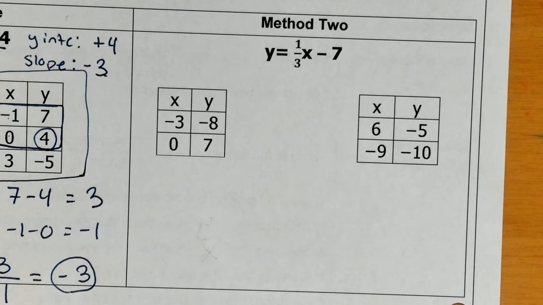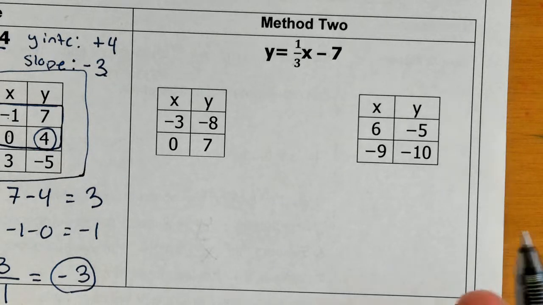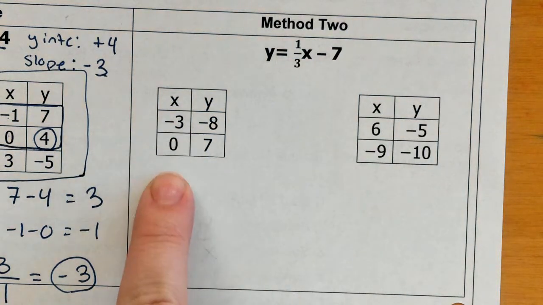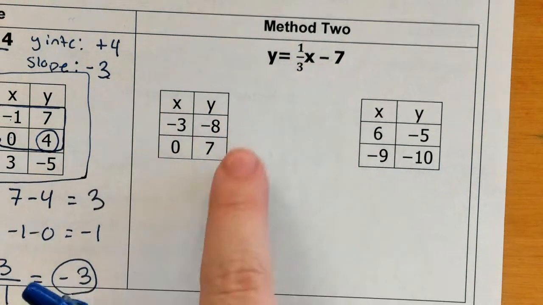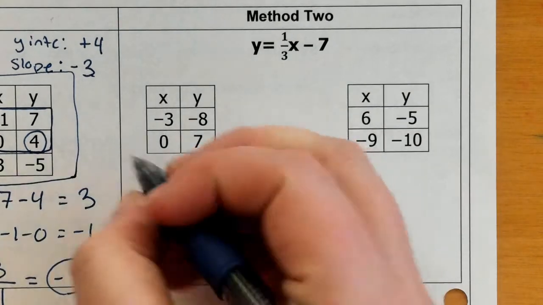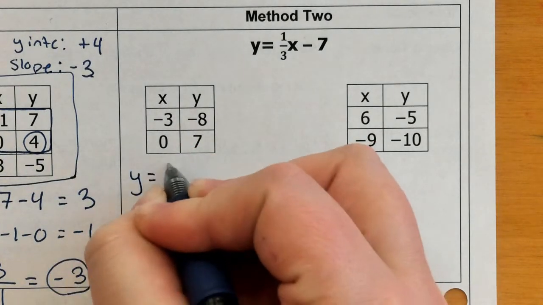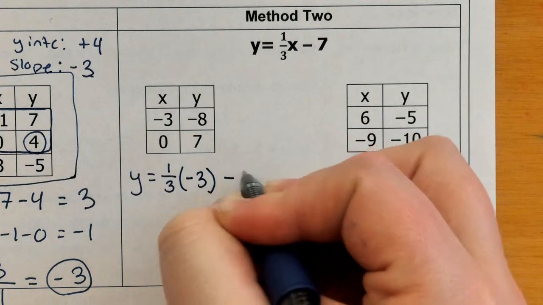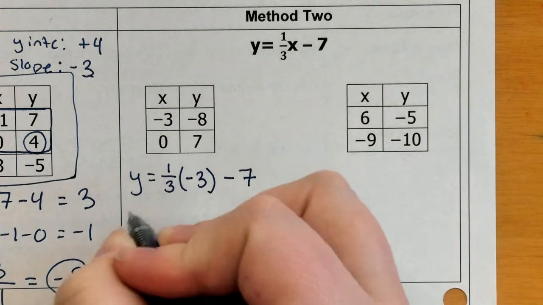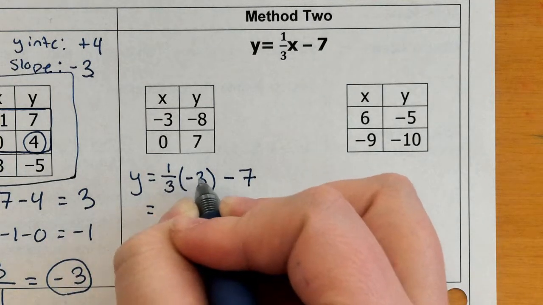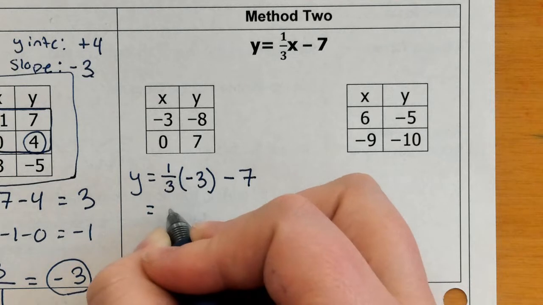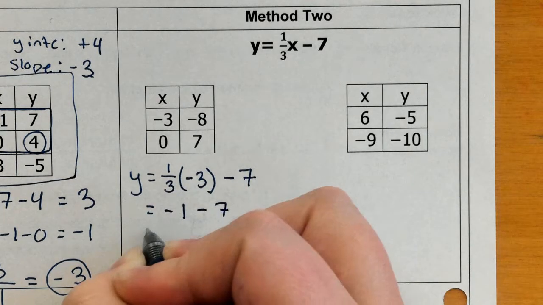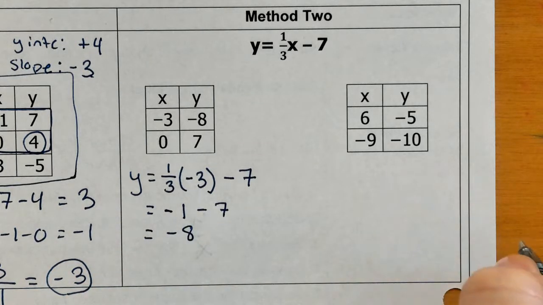You can use substitution. When we use substitution, what that means is we're going to plug in numbers for x from the table and see if, when we do the math, we get the right answer. So let's start. y equals 1/3 times, well, my first x value is -3, and then minus 7. 1 divided by 3 times -3 is -1. -1 minus 7 is -8.